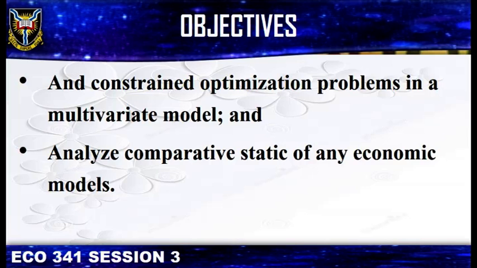Given the demand and supply equations, QD equals A minus BP, QS equals minus C minus DP. Find the equilibrium prices and quantities. Find the rate of change in price with respect to parameters A, B, C, and D, and interpret your results.